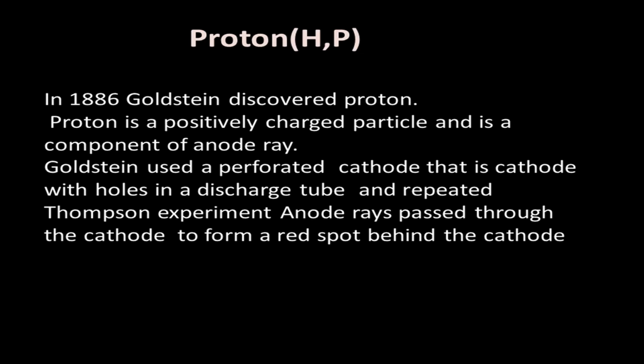Anode rays pass through the cathode to form a red spot behind the cathode. The anode ray moved to the cathode, and this is because the anode is positively charged while the cathode is negatively charged. So the anode ray moved towards that perforated cathode and formed a red spot behind the cathode.